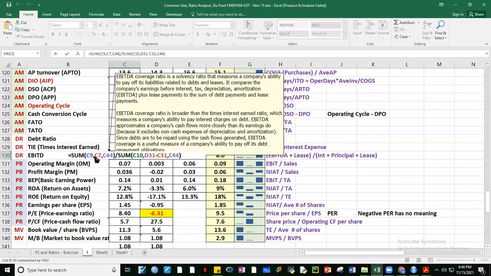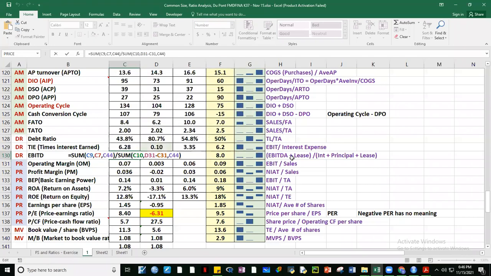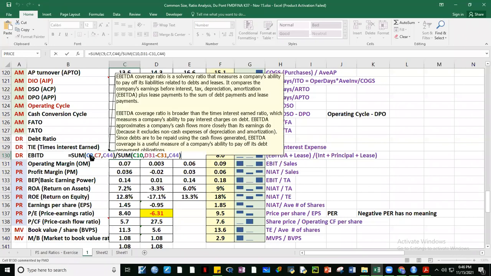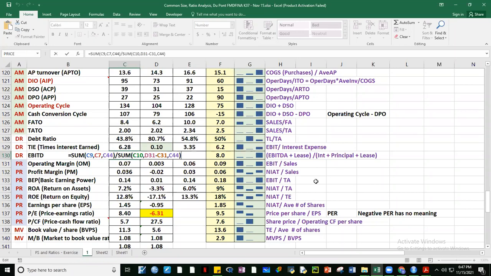So if we add depreciation to your EBIT, makukuha natin EBITDA. Okay, so yung EBITDA natin is your EBIT plus the depreciation and amortization. Okay, so ito yun, sum ng C9 and C7. Tapos may isa pa tayong sinama, yung C44, ito yung lease payments. No? Okay, so i-add back natin yung lease payments. And then, ito naman, ano to? What's this? Interest natin, nasa C10.